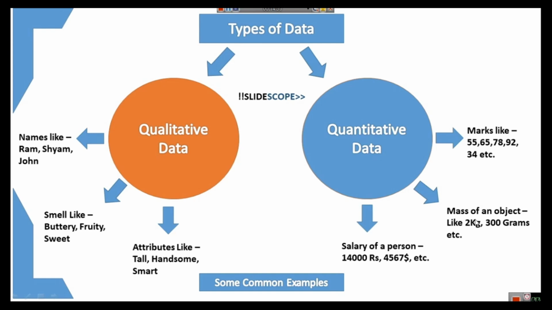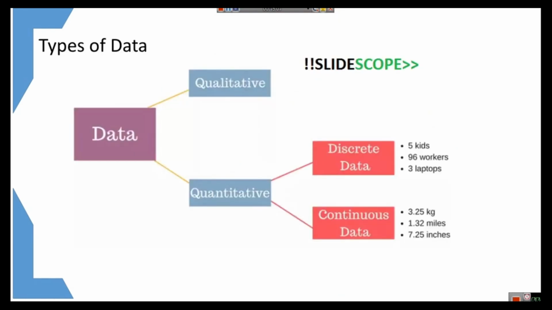The salary of a person is also a number. That's why the data analysis on quantitative data is done with a different approach, and the analysis and algorithms that are used for learning of qualitative data have a different approach. Again, this is a basic example where data can be classified into two types, qualitative and quantitative.